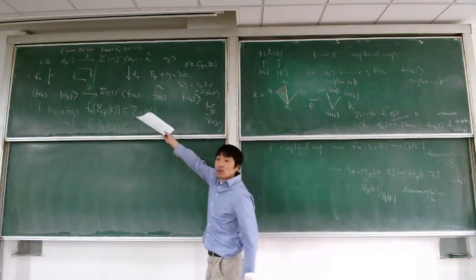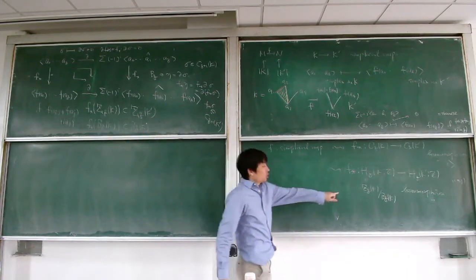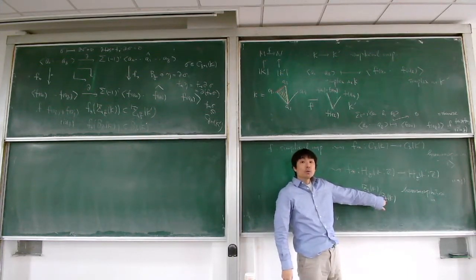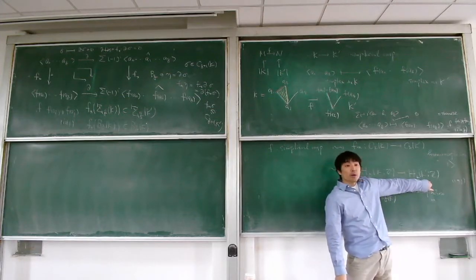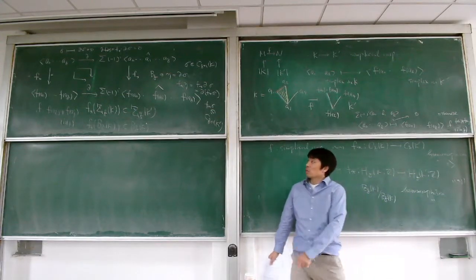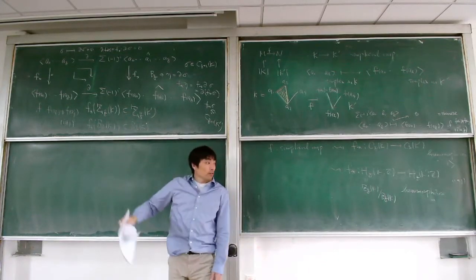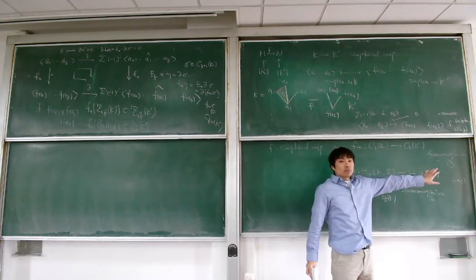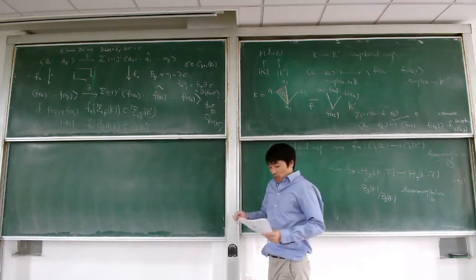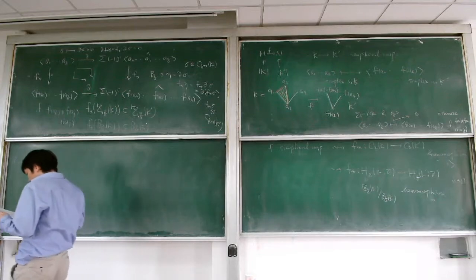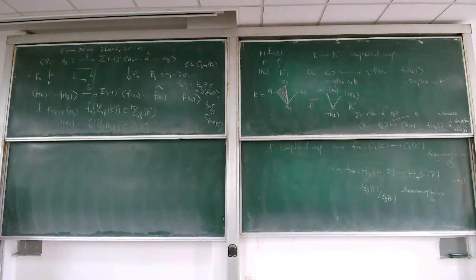Even if it is trivial as a homology class, it is mapped to the trivial element in the homology group of the image. So this induces a homomorphism between homology groups. Any questions so far?